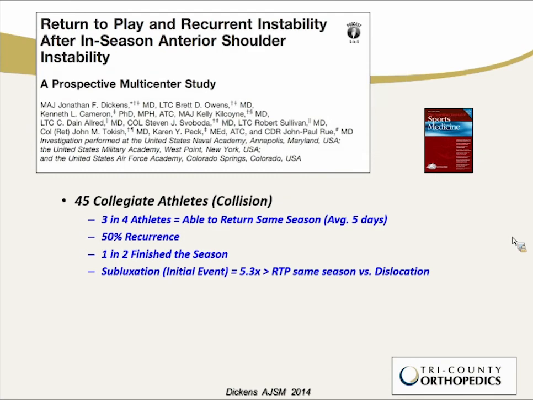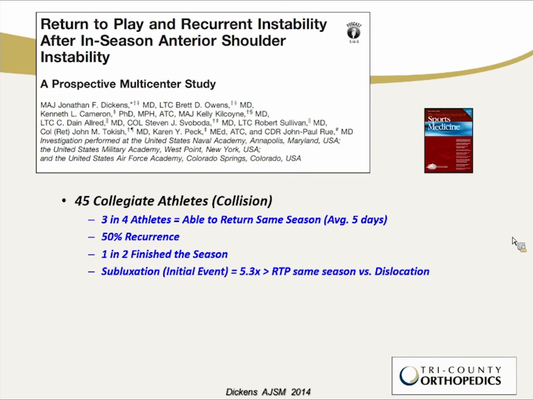So looking at another study of 45 collegiate athletes, these are collision athletes at the college level versus high school, seeing what could be accomplished with a similar rehab protocol, minimal immobilization.